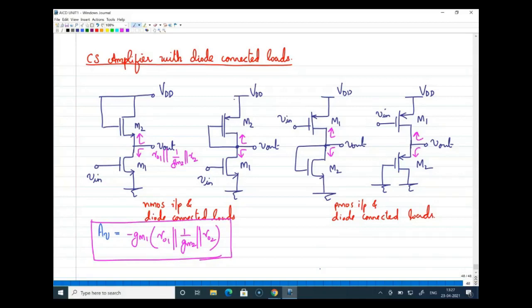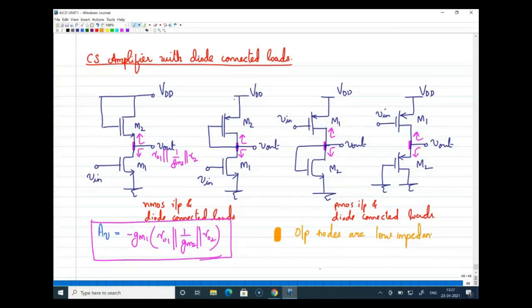Now the second observation is, if I specifically look at the output node, all these four nodes are low impedance nodes. You will be wondering, what is a low impedance node?